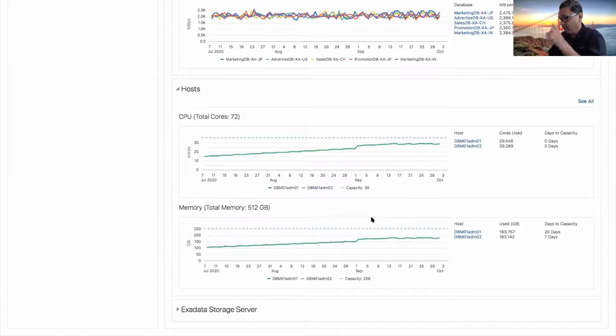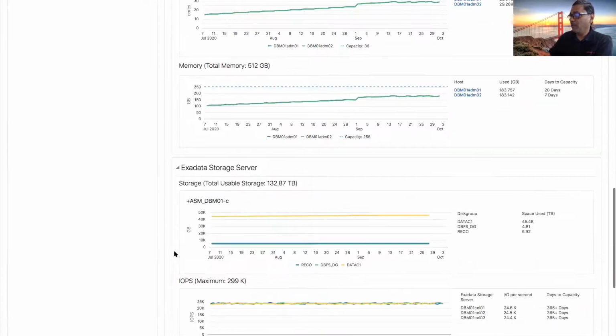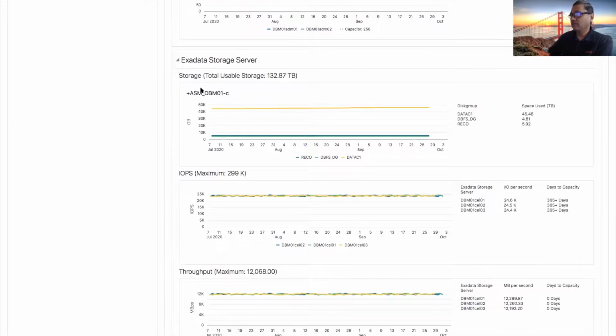So bear with me a minute. We'll drill down a little more into the details of that. And memory, I have no issues. I have capacity left, but certainly one compute node only has 20 days left. So maybe I'll have to pay attention to that as well.